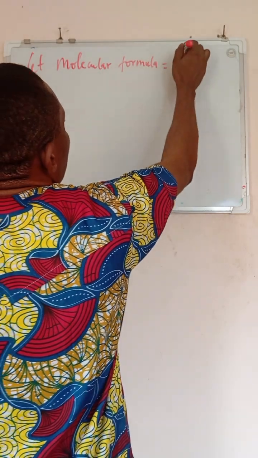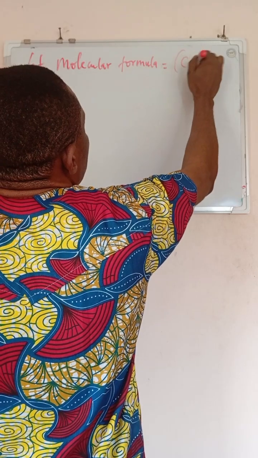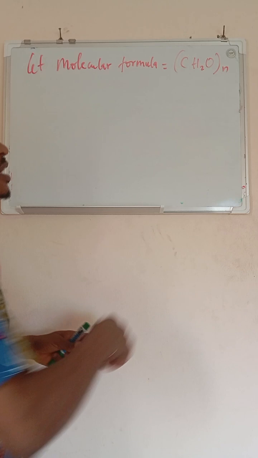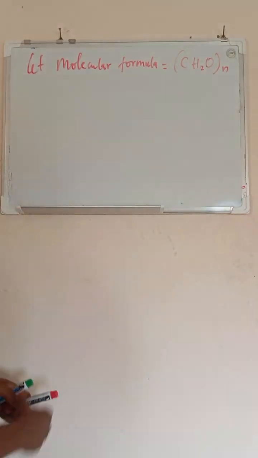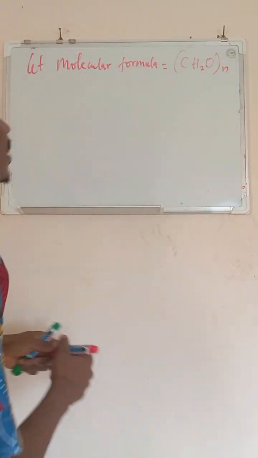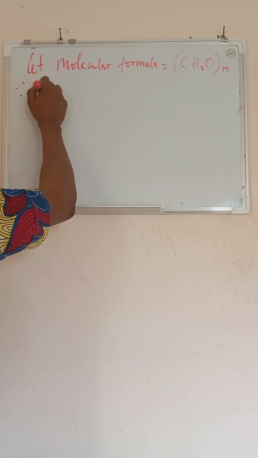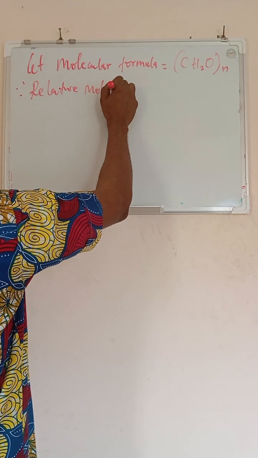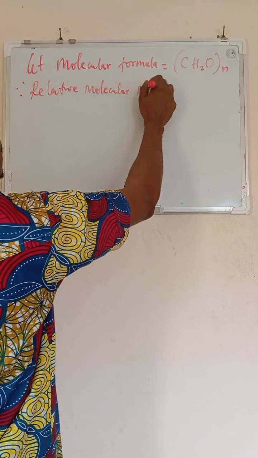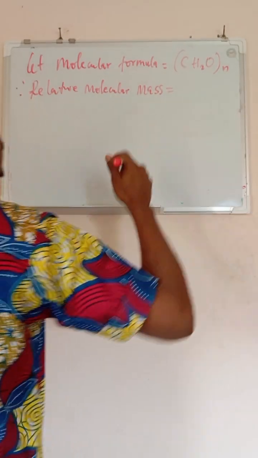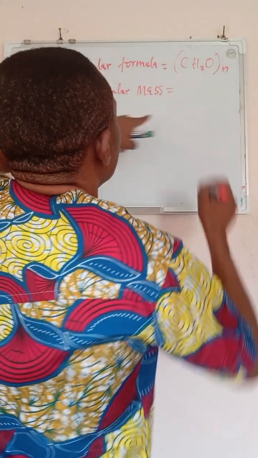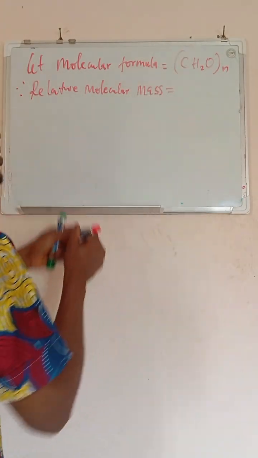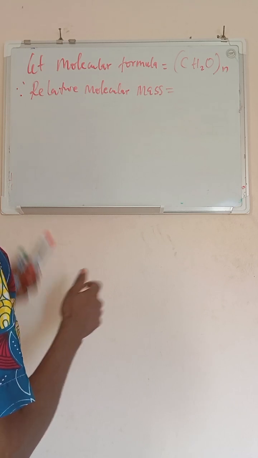The molecular formula equals (CH2O)n. You know that this is the empirical formula. If this is the molecular formula, then the relative molecular mass will be equal to: C is 1 here, and the atomic mass of carbon is 12.